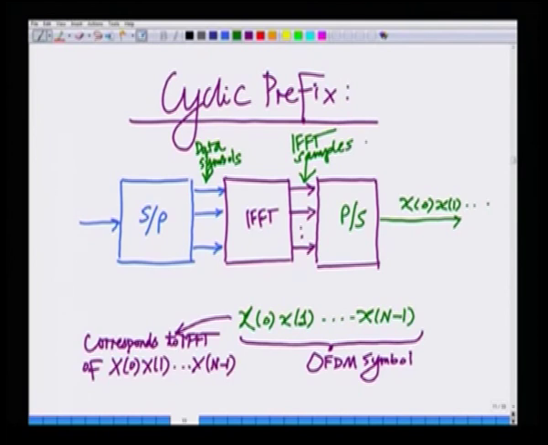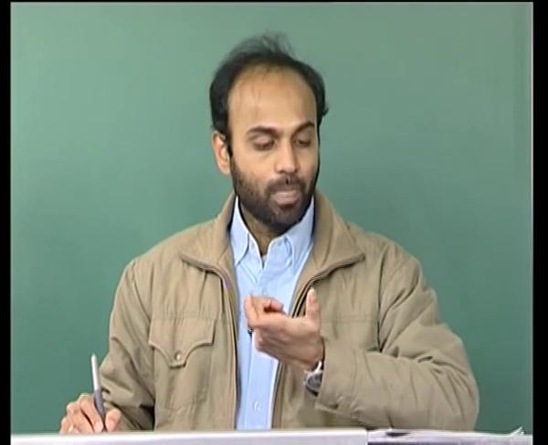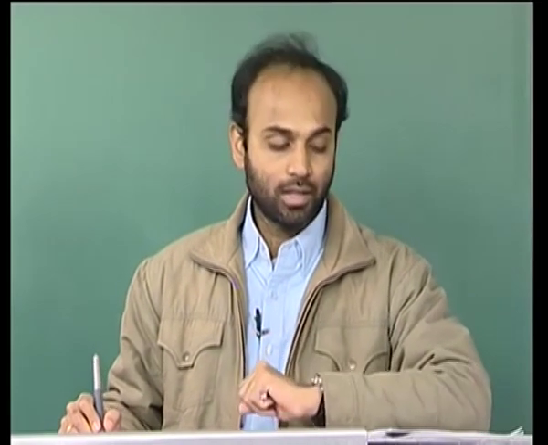These are transmitted, of course, as we said, at rate B or time interval 1 by B. Okay. So, now let me go on to illustrate what happens during one such transmission.